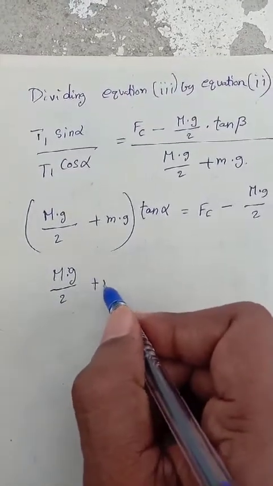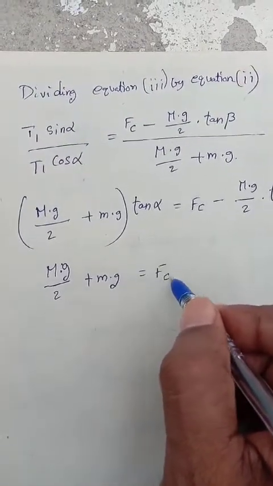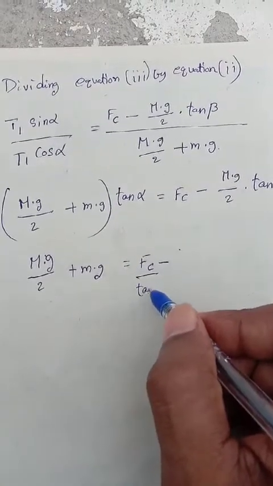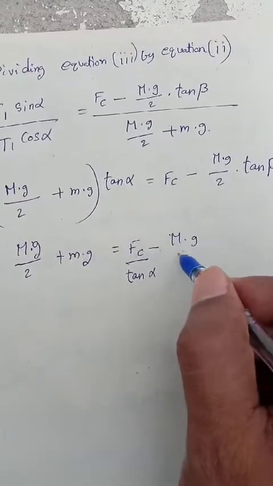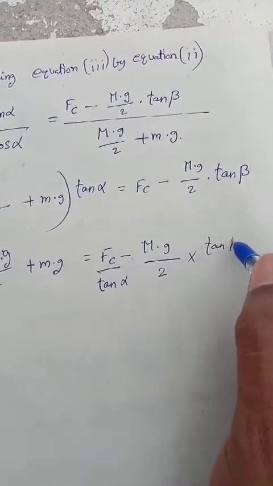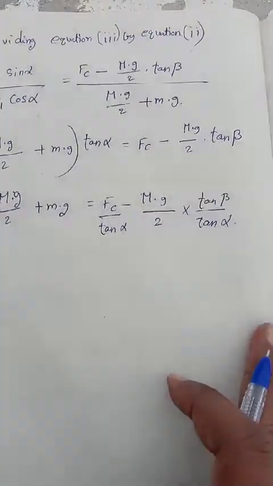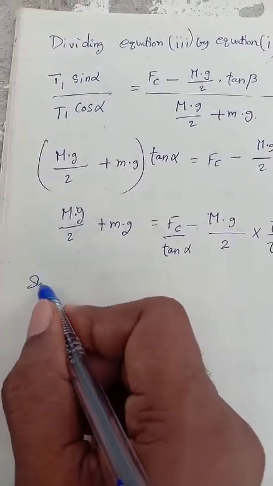2 plus M into G, that is equal to Fc minus Fc by tan alpha minus M by G into tan beta by tan alpha.